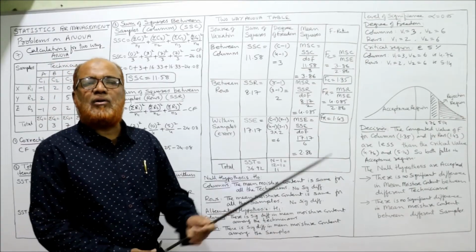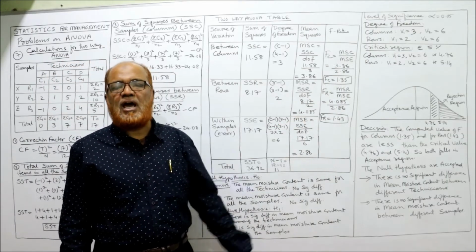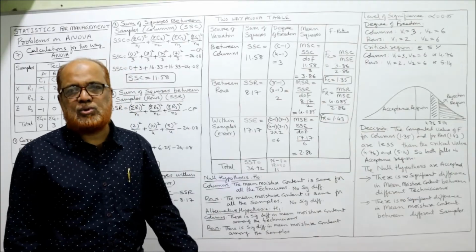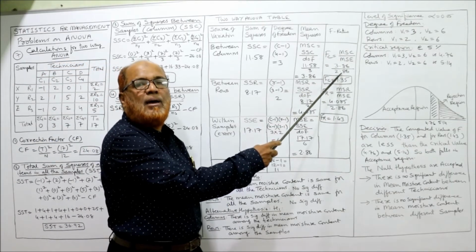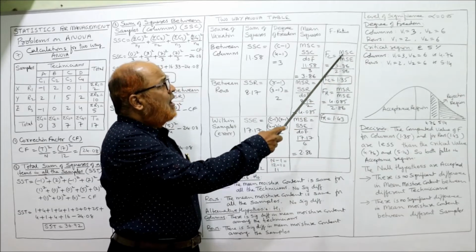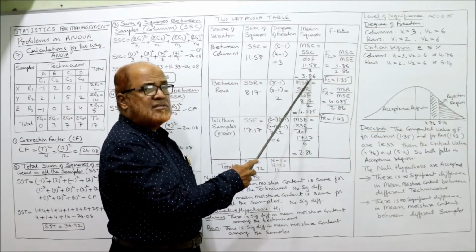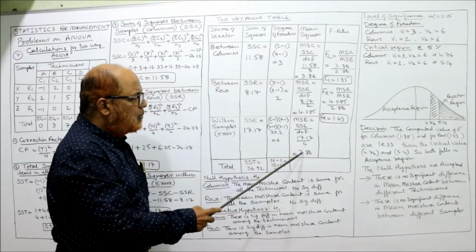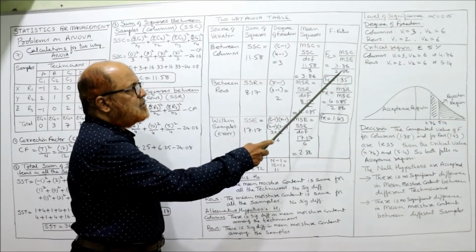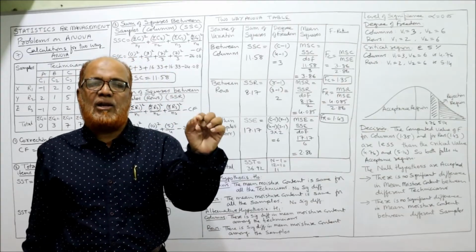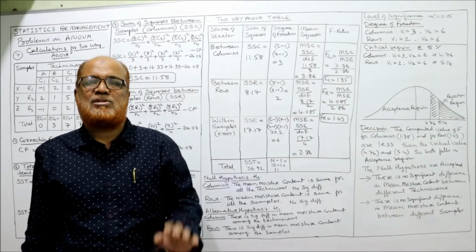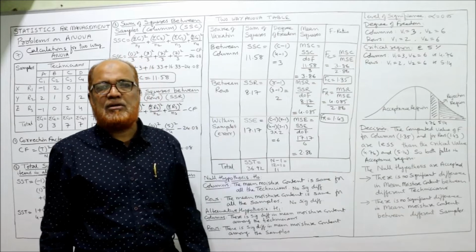Now we can find the F ratio for columns and for rows. F ratio for columns is MSC divided by MSE. MSC is 3.86 and MSE is 2.86. So 3.86 by 2.86 is 1.35, the computed value of F for columns, for technicians.